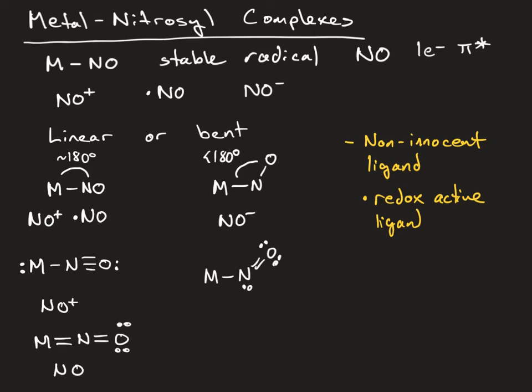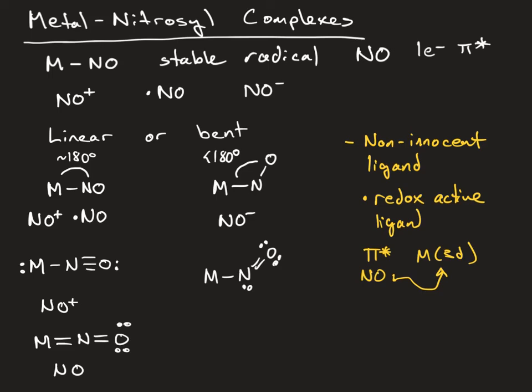And the reason for this is because that pi star orbital is comparable in energy to the metal 3d orbitals. And because of that, you get strong covalent overlap between the NO pi star and the metal 3ds. Because of this, it's incredibly difficult to do oxidation state and electron counting assignments for metal nitrosyl compounds.